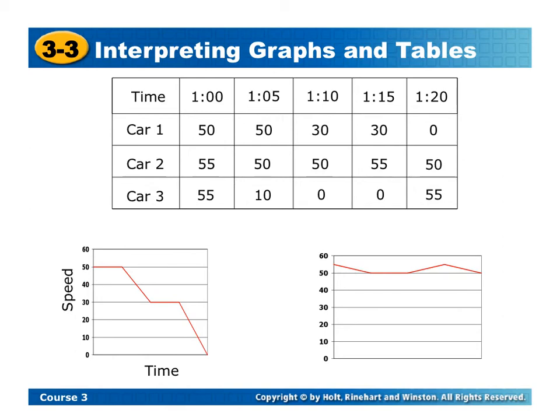Whereas in the second graph, we see that it remains pretty consistent. So for this first table, this would actually be car number 1, because if you remember, we see that speed pretty consistent but then slowing down. And then for the second one, that one would actually be car 2 because it stays relatively the same speed the entire time.